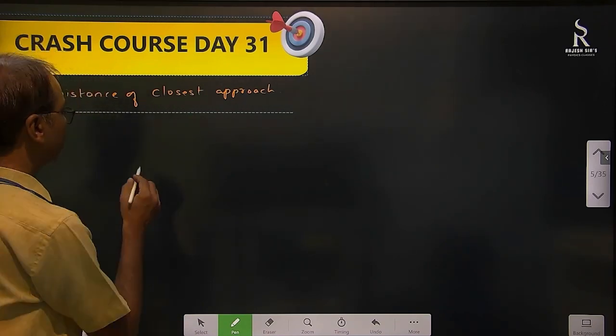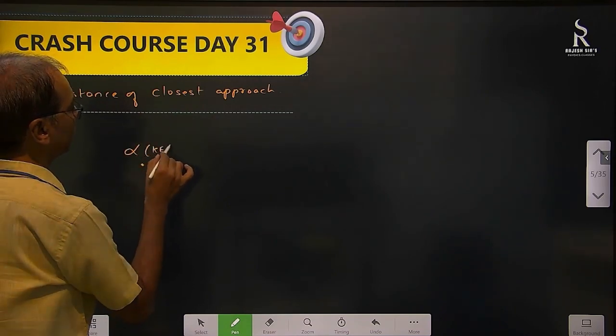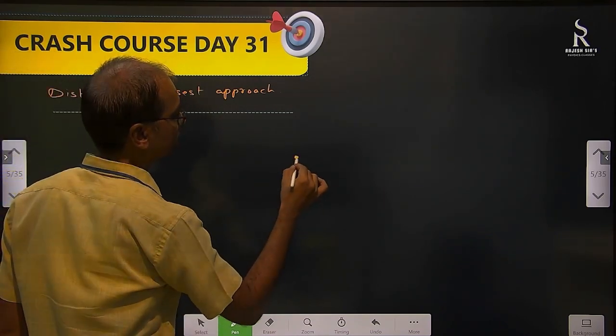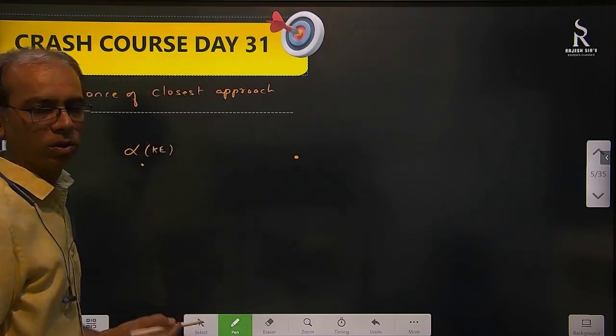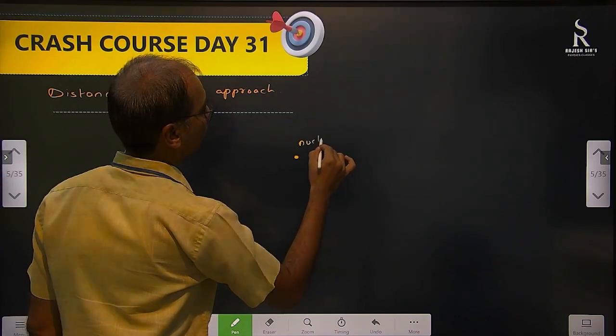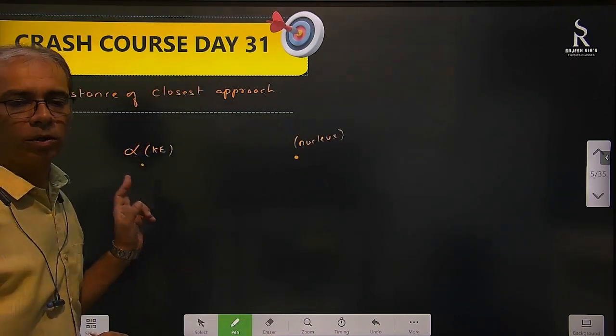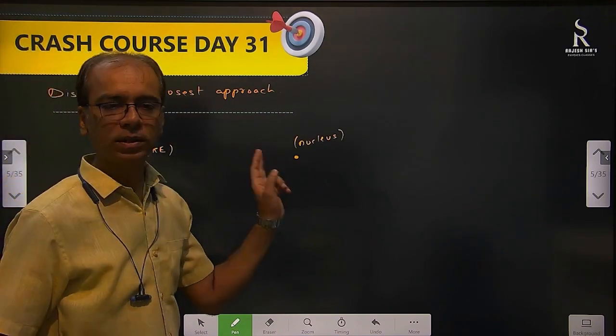So suppose this is the alpha particle here, which we are projecting with a certain kinetic energy, and here is the nucleus, because we are going close to the nucleus. In the nucleus there are protons. The alpha particle has positive charge, and the nucleus is positive.